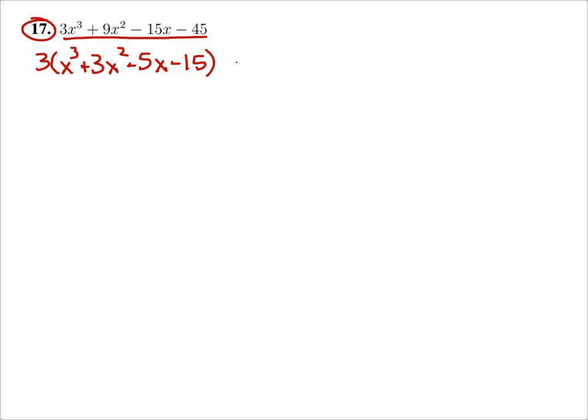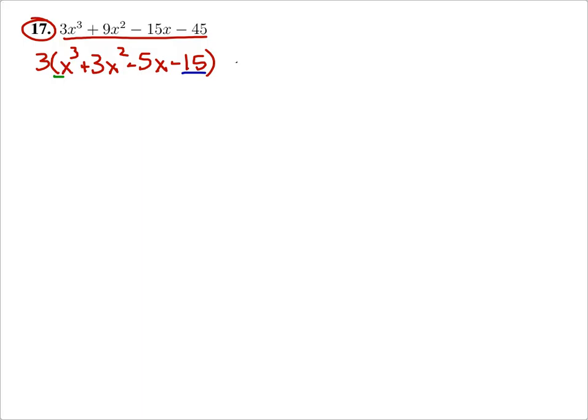And that's important because next, with this cubic, we're stuck trying to guess zeros using the rational zero theorem, which means we need numbers that are factors of 15 on top and factors of 1 on the bottom.